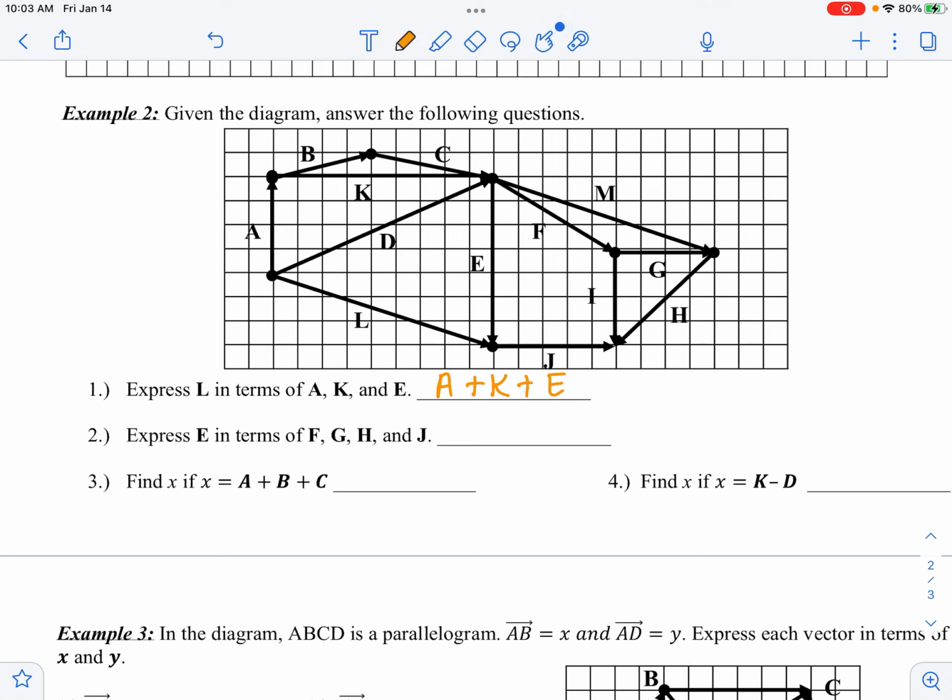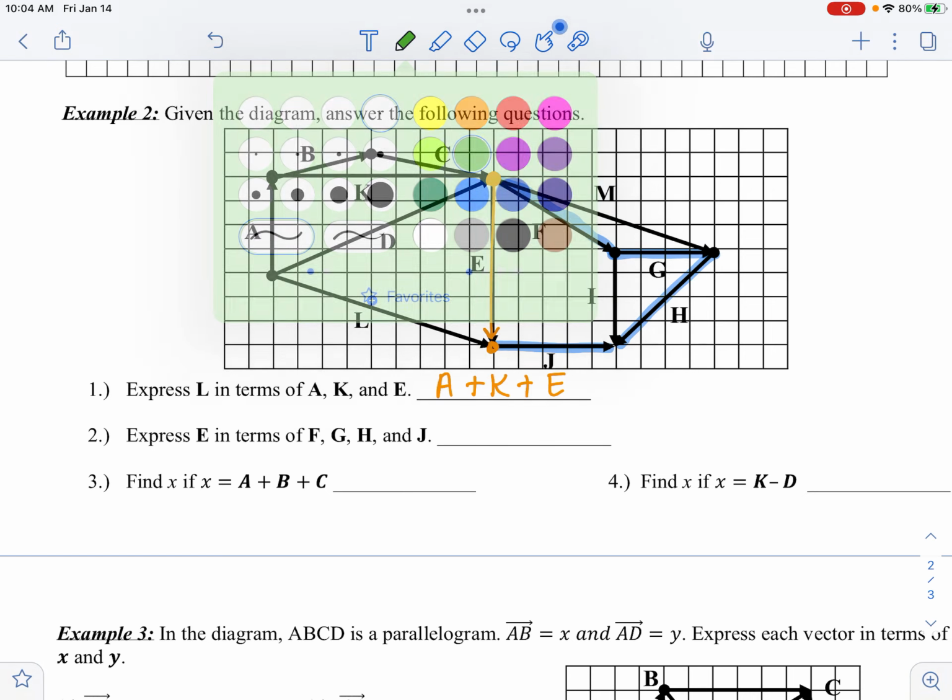All right, let's try another one. Express E in terms of F, G, H, and J. So here's E, it starts here, ends here. All right, I want to use F, G, H, and J. So I'm going to go to where E starts. E starts right here.